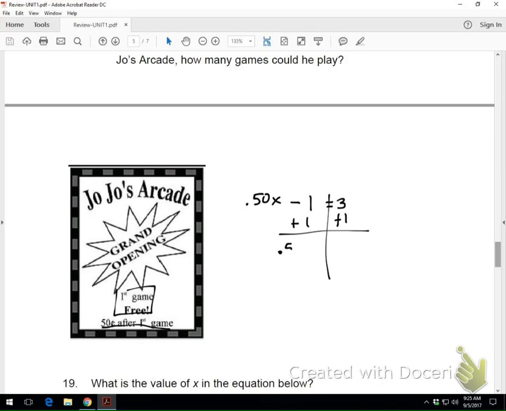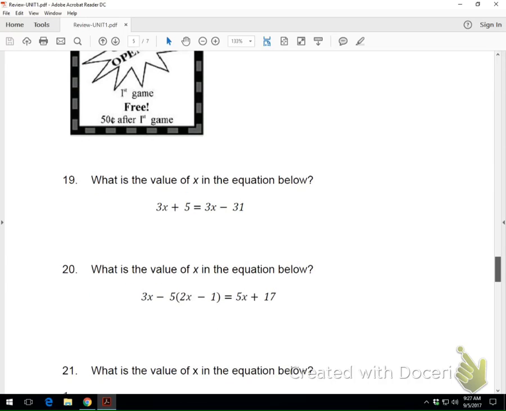So I get .50, x equals 4. Divide by .50, and x equals 8. So he can play 8 games with that $3. Okay? Keep that in mind because I think you got that same poster on the test.